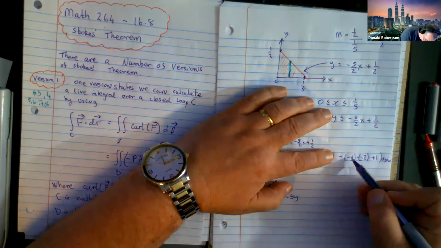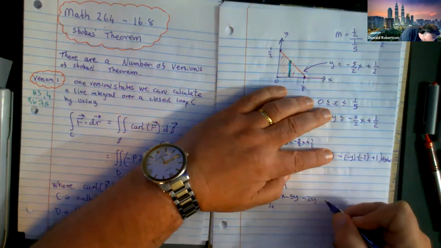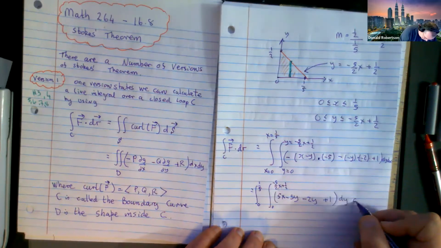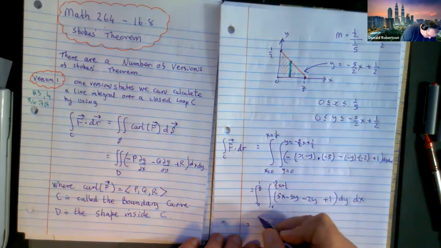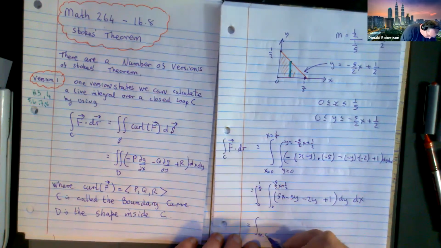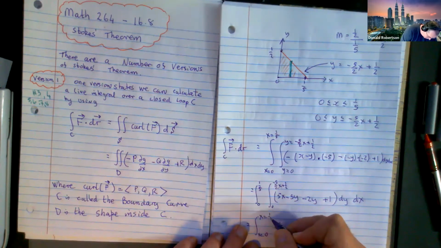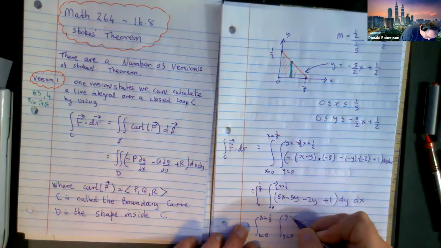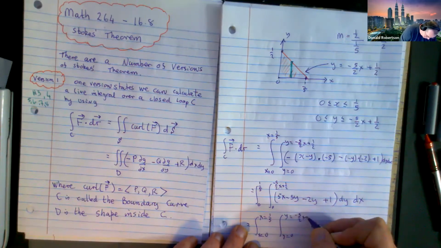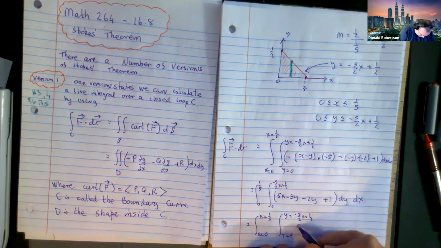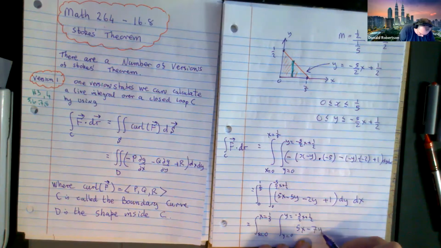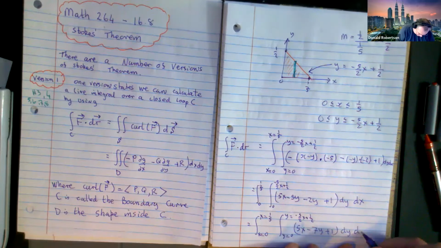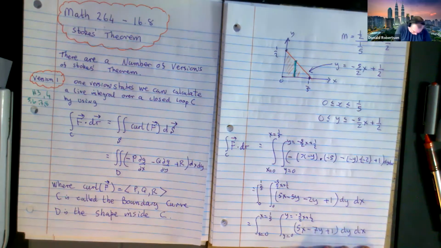Negative times a negative times a negative gets me -2y plus a 1. That gets me the integral from x equals 0 to x equals 1/5, from y equals 0 to y equals -5/2 x plus a half, of 5x take away 7y plus 1 dy dx.